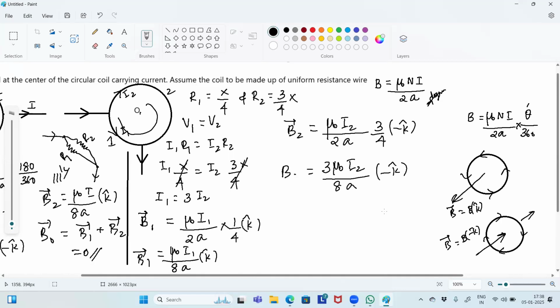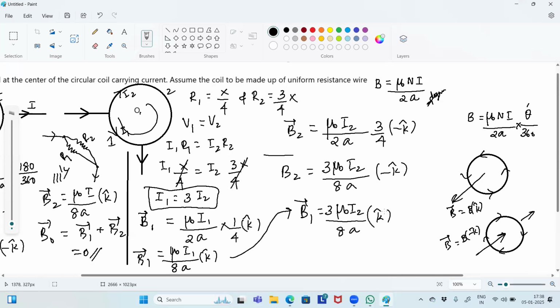This is field 2. Now if we check field 1, we already got current I1 as 3 I2. So if we substitute that here, the value of B1 will come as mu 0, I1 becomes 3 I2, so 3 I2 by 8a along k cap.